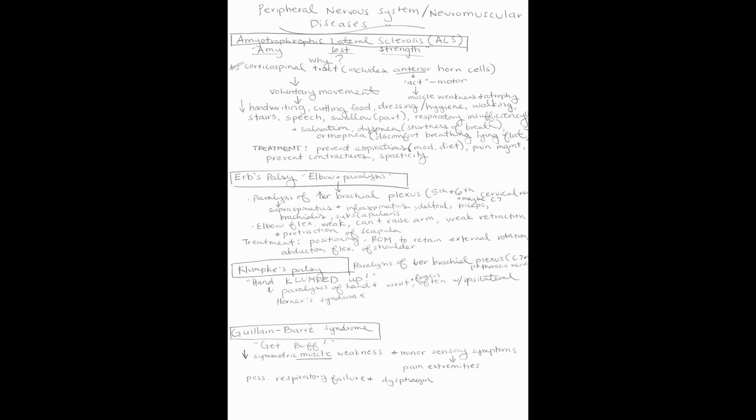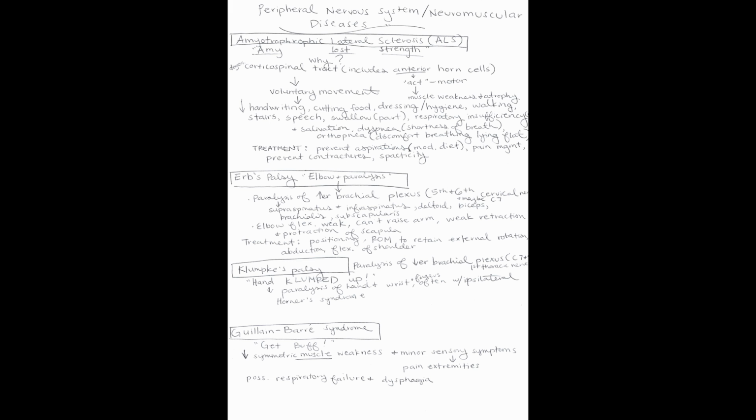ALS, Amyotrophic lateral sclerosis. I remember this as Amy lost strength. So for the ALS, my synonym is Amy lost strength. Why she lost strength is because of degeneration of the corticospinal tract. The corticospinal tract is responsible for voluntary movement.